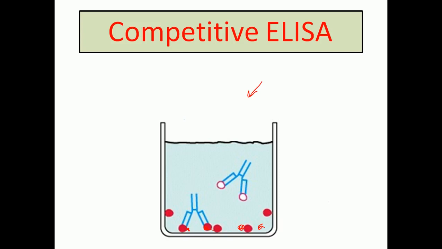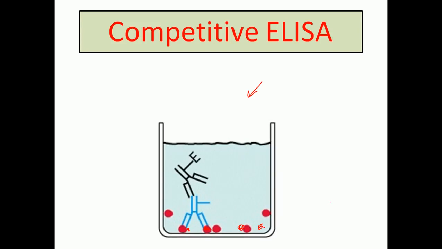Once this process is done, we go through a wash step and then we add the enzyme linked antibody, which is not actually secondary here. When we add this enzyme linked antibody, which is also specific, it can bind with the Fc portion of the first antibody that was from the sample.